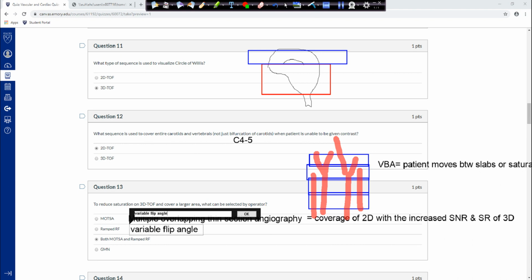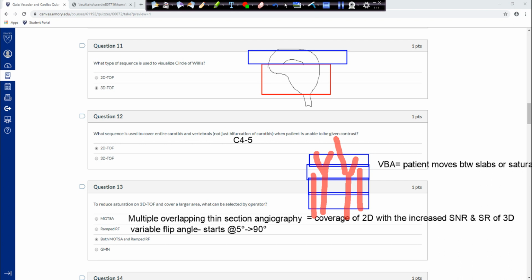So our flip angle starts at like 5 degrees, and then it goes all the way to like 90 degrees. This is a gradient echo, so it doesn't really go up to 90, but it gradually increases as it goes through the slab. And that's all to deal with saturation issues.